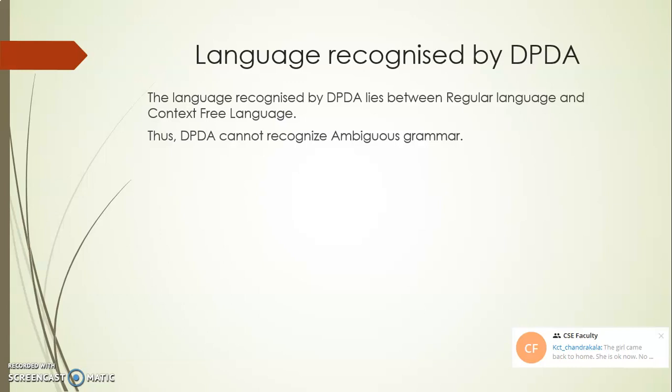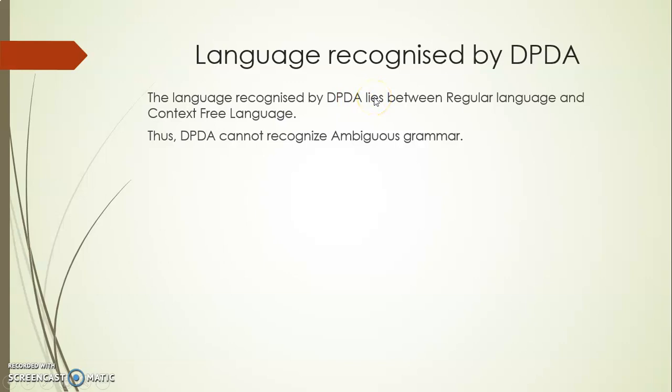So can I conclude that a deterministic push-down automaton also recognizes context-free languages? No, I cannot conclude. Why? Because I cannot construct a DPDA for all the context-free grammars, right?